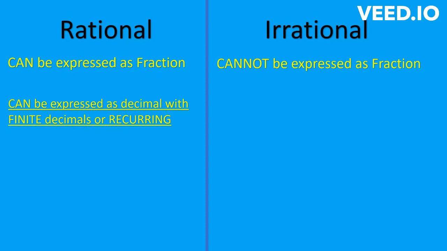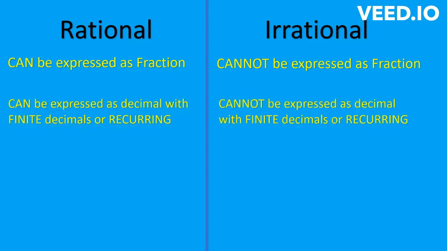An irrational number has infinite decimal values. It cannot be expressed as a decimal with finite decimals or a recurring one. For example, pi is an irrational number. It has infinite decimal values. No one knows where it stops.